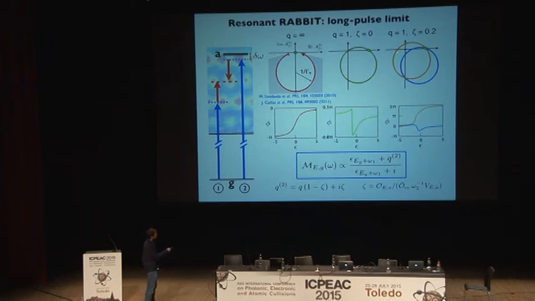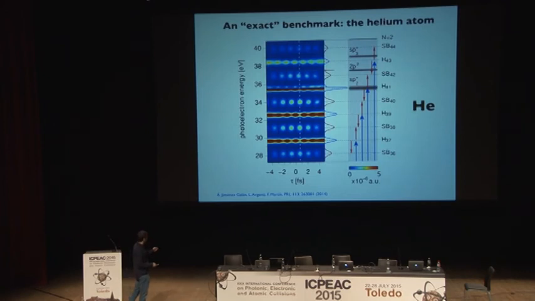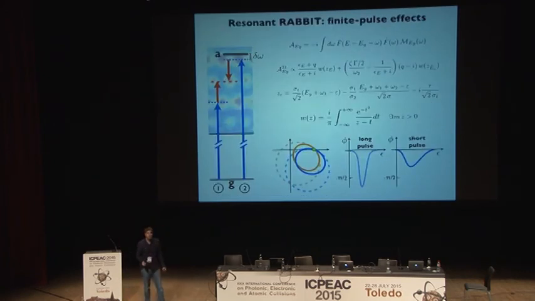The other circle is shifted away from the origin, and the phase experiences a finite phase excursion with no net phase variation. So this is the result for very, very long pulses. However, in attosecond experiments, the pulse duration is often of the order of the lifetime of the resonance.